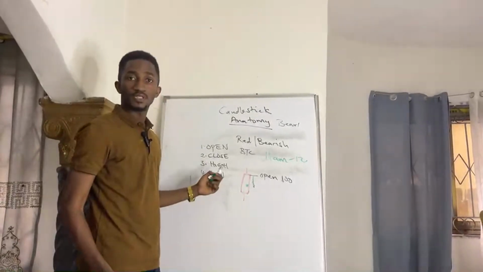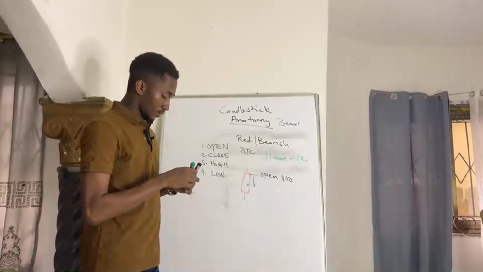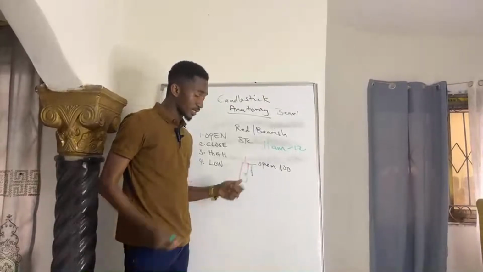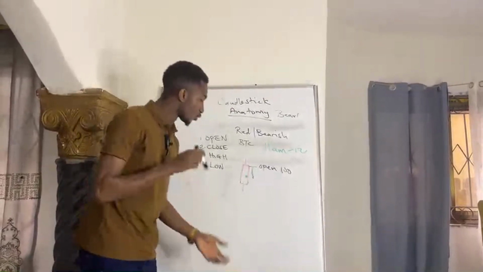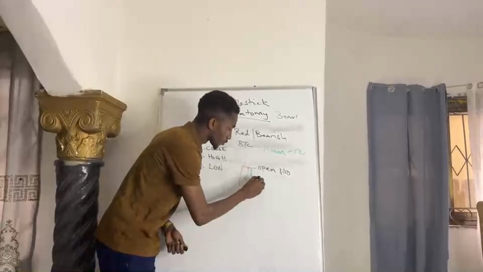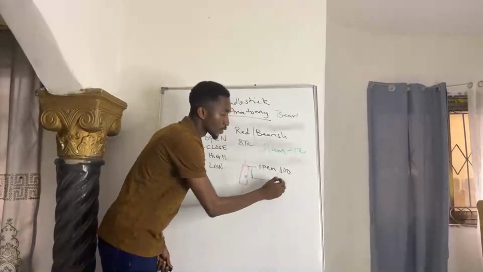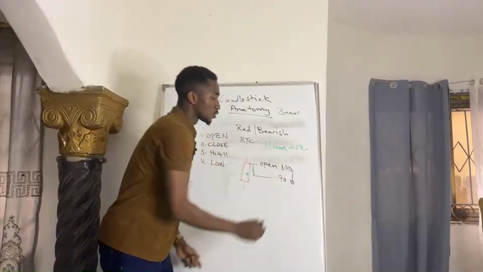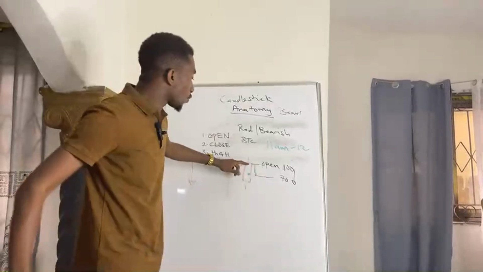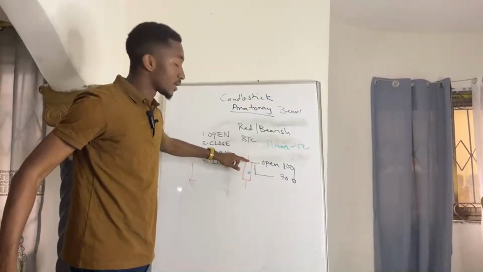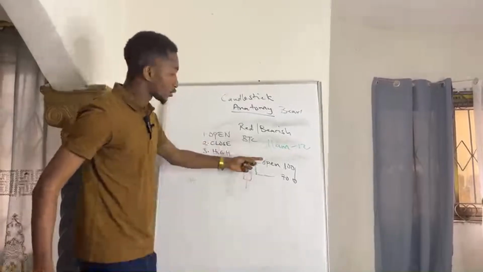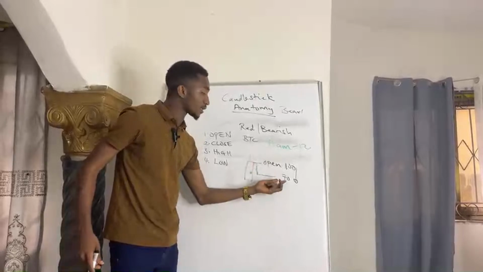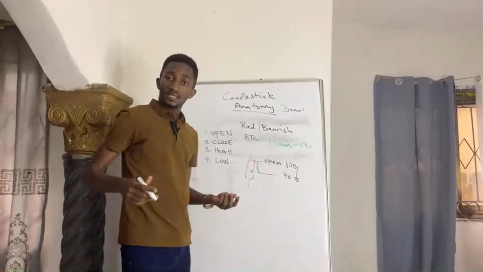Let's say they were able to take the price all the way to $70. So what did you notice? The sellers were able to push the price from 100 to 70, because the price opens here and the candle starts forming here. It drops from 100 to 90 to 80 to 70. And now the sellers are tired.